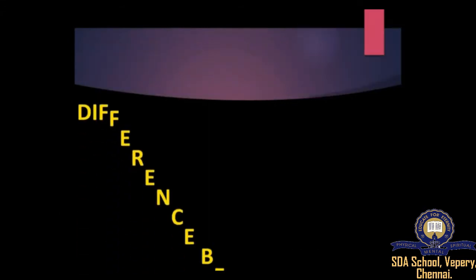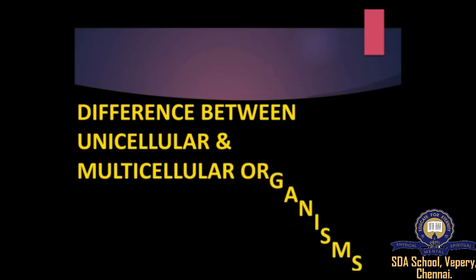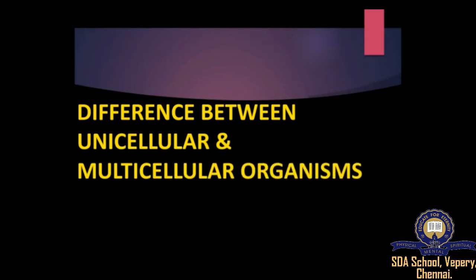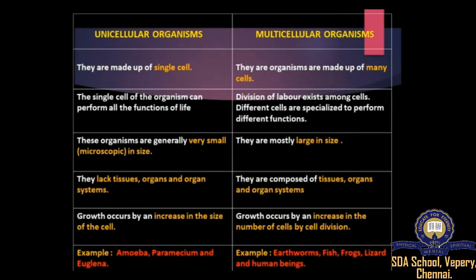And now we'll move on to the difference between unicellular and multicellular organisms. So this is the tabulation between unicellular and multicellular organisms. The unicellular organisms are made up of a single cell, whereas the multicellular organisms are made up of many types of cells. Okay.